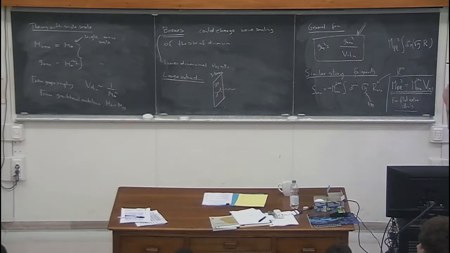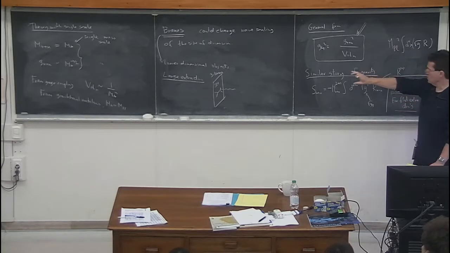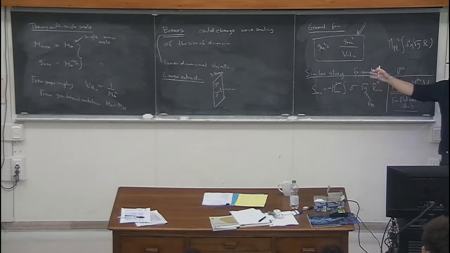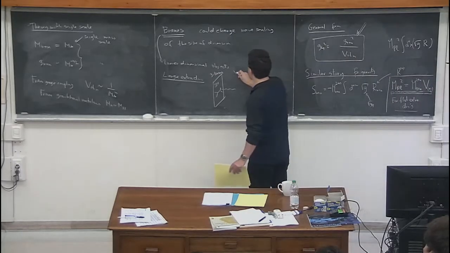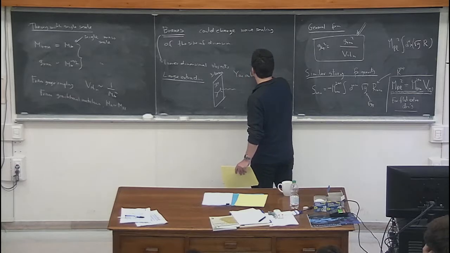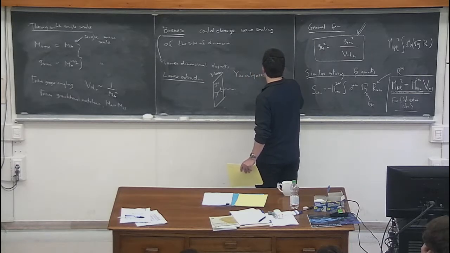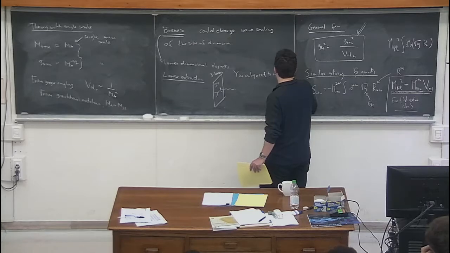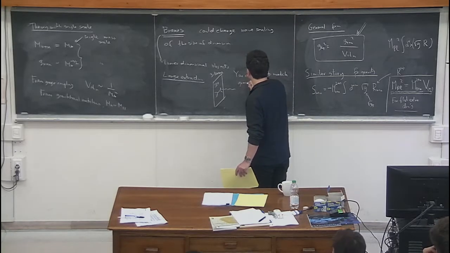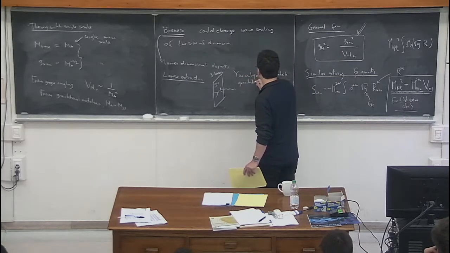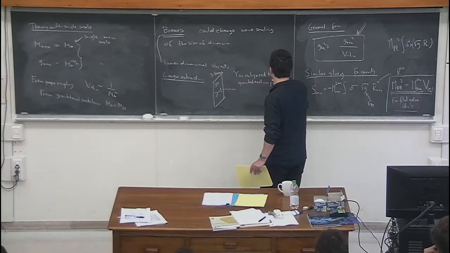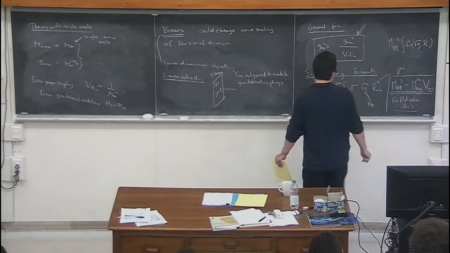There's only one matching relation that you have to obey. You don't have the second one that wants to force a relation between the volume of the extra dimension and the higher dimensional coupling. So in this case you only need to match the gravitational couplings, and then you can start messing around.